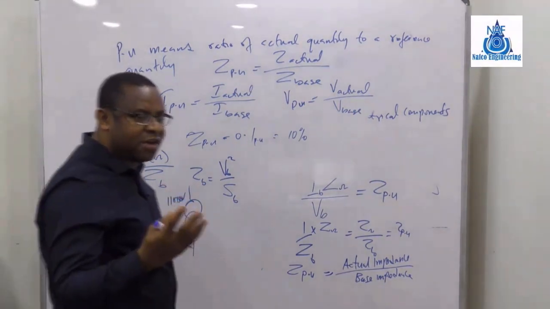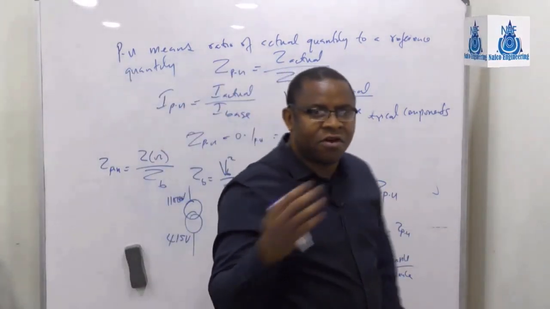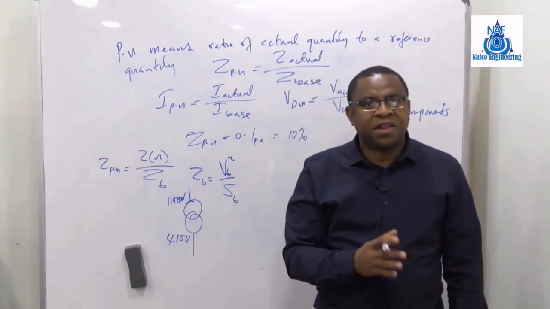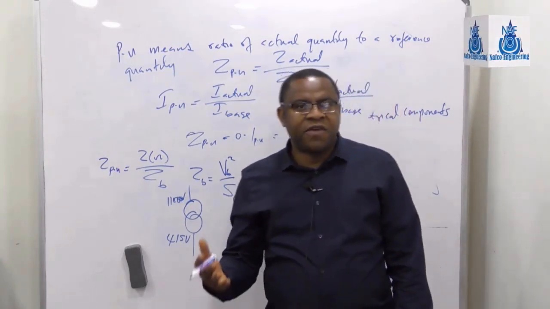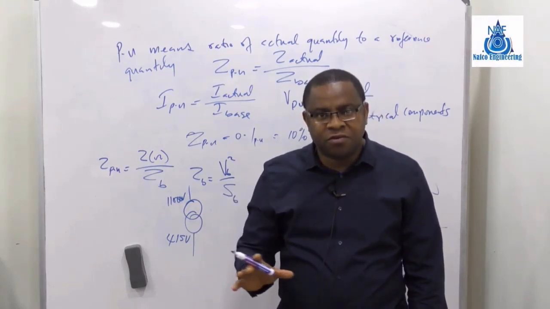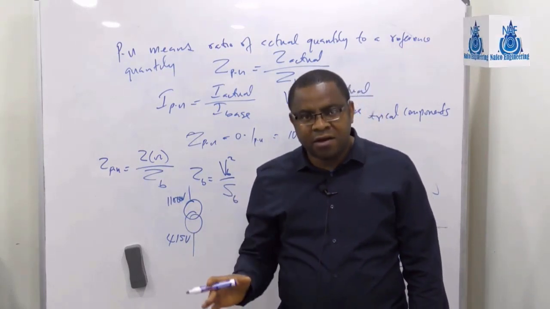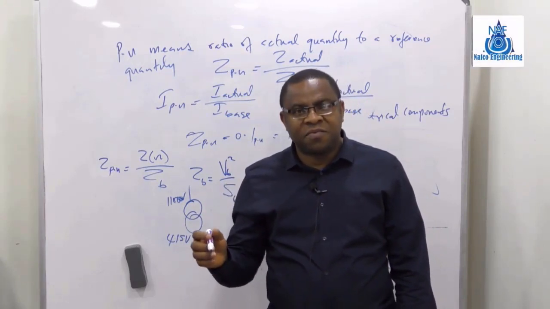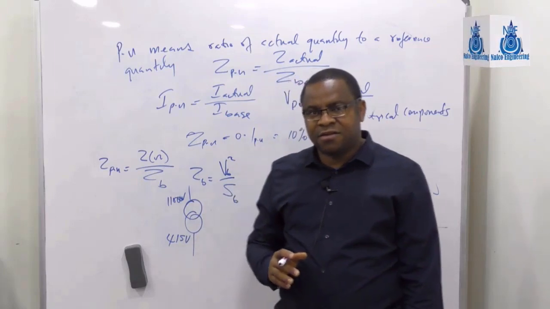Remember what we did in transformers when we referred all impedances to the primary or to the secondary. If you refer to the primary, whatever you get there is your Z in ohms, or Z equivalent 1. You can use that Z equivalent 1 to calculate the per unit impedance.